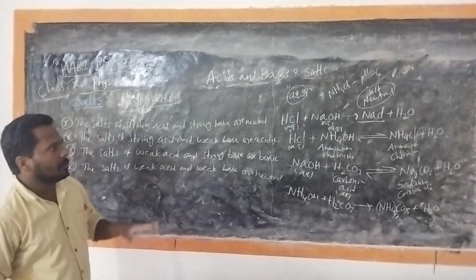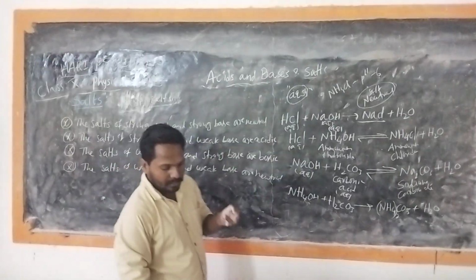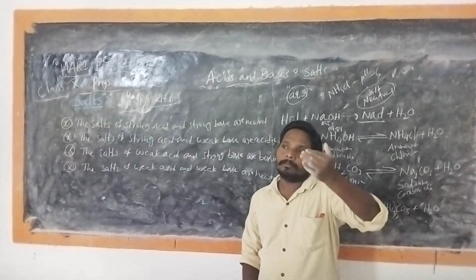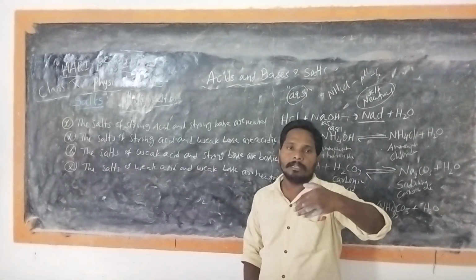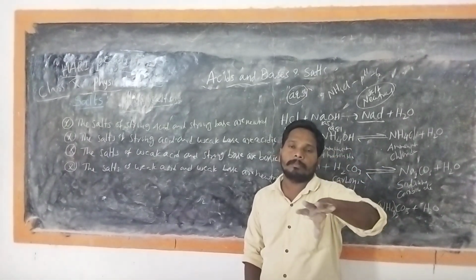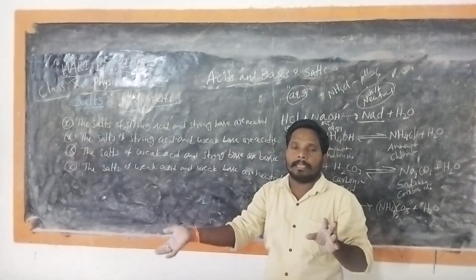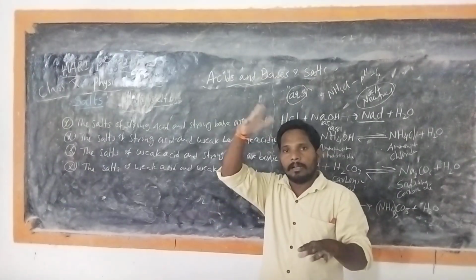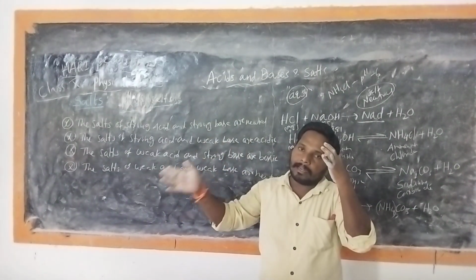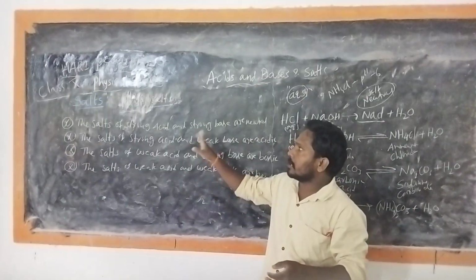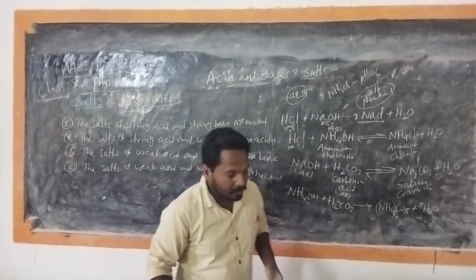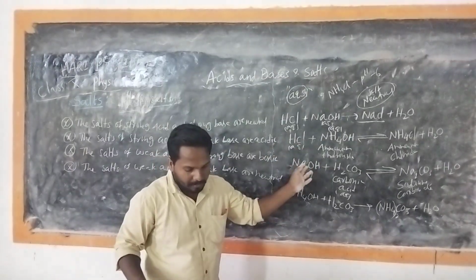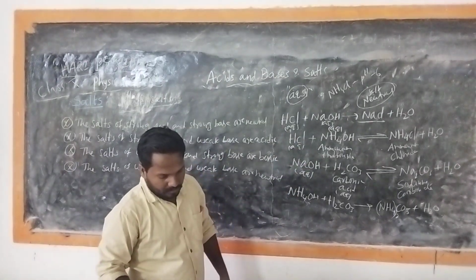So this is the introduction about the salts, and examples for salts classified category-wise based on their positively charged ions and negatively charged ions, the cation category and anion category, and the pH of salts. Observe that these chemical equations are not balanced.